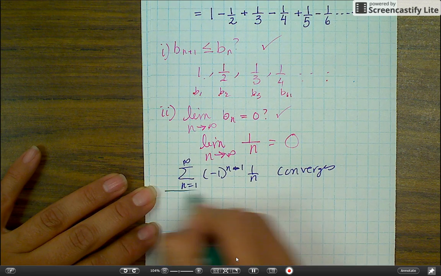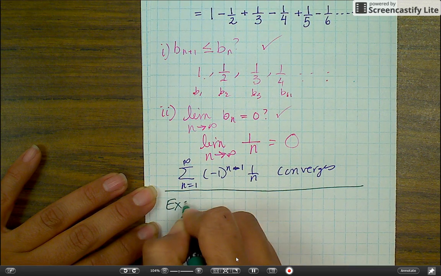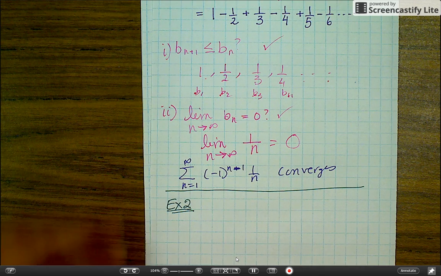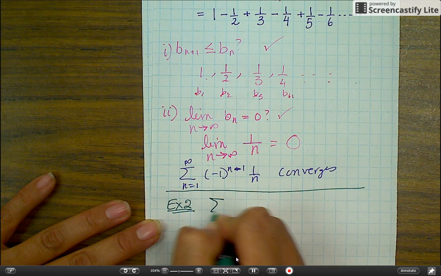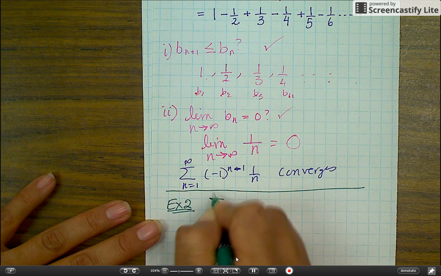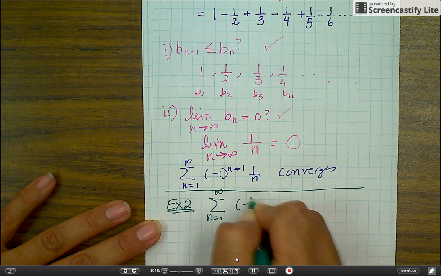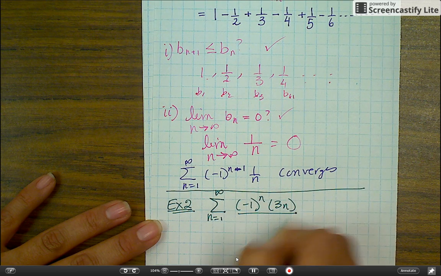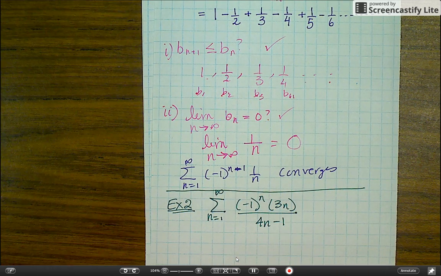Let's do this one then. Example 2. All right, let's see this one. The sum from n equal to 1 to infinity of this guy divided by 4n minus 1.